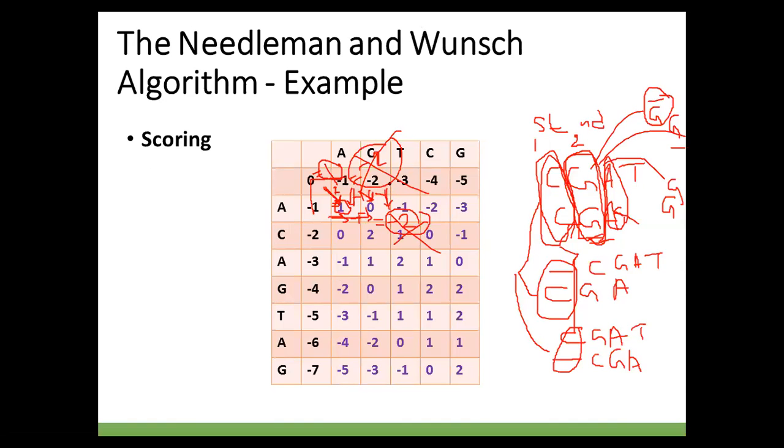You have to add those values to previous scores. -1 into -2, -3 coming from this side. Coming from this side, -1 into +1, 0. Coming from this side, C to A is 0, and it is added to -1, again -1. So what is bigger? -3, -1, or 0? 0 is the bigger one. So you put that value as the score.